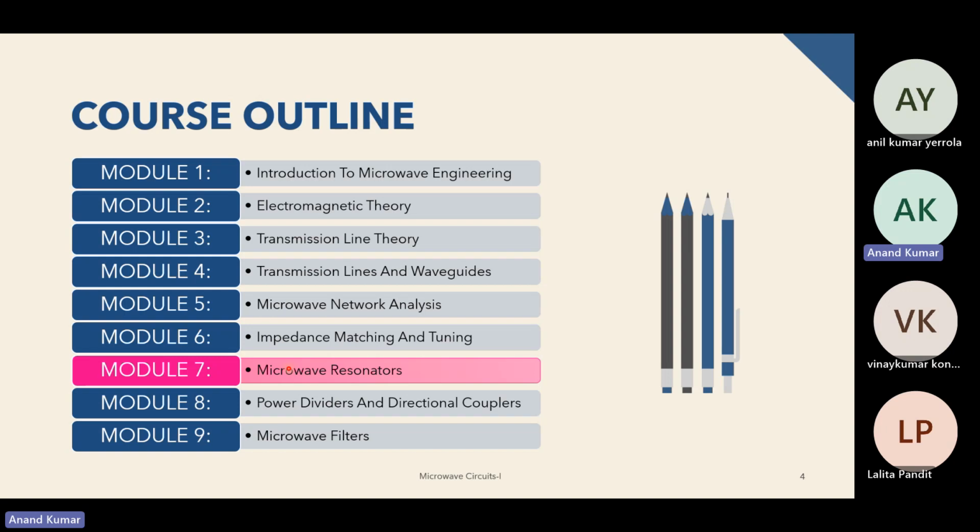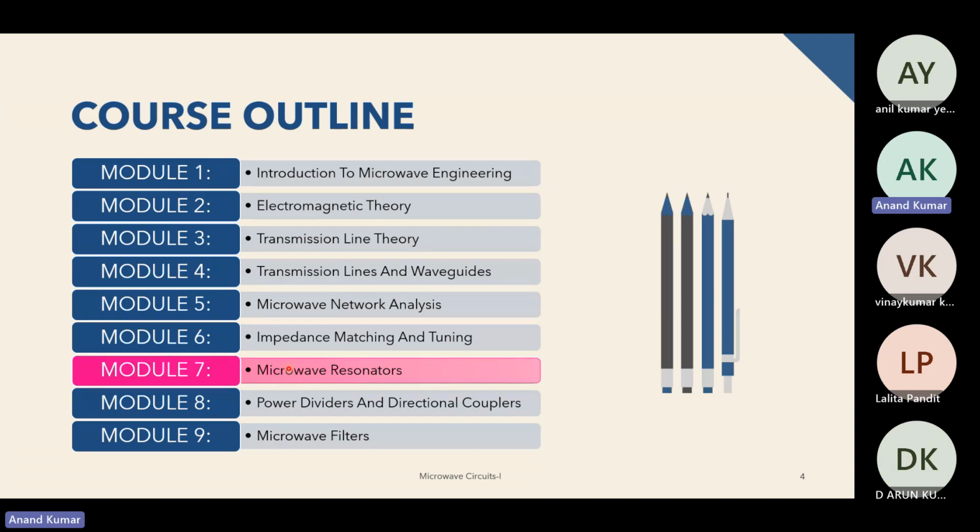Basically, we can form simplified equivalent models, and if we know the series and parallel RLC circuits, we can use that information to understand the working and designing of microwave resonators using distributed elements as well. Today we'll finish module 7, and the next class will start with module 8.